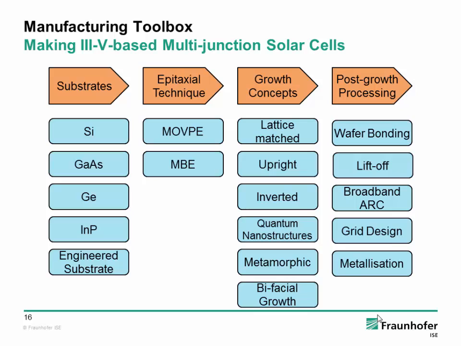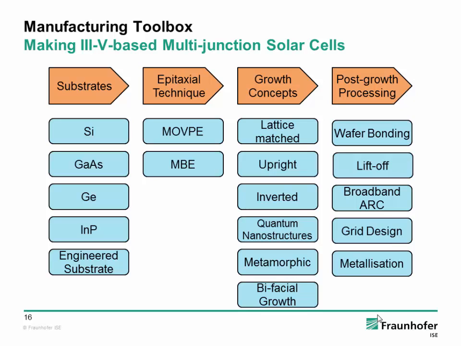That brought us to the idea to show here what we now call a manufacturing toolbox for making III-V high efficiency multi-junction solar cells. If you follow these lines, you need a substrate to grow your material, you need a technique to grow your material, then you have different growth concepts, and at the end, after you have grown your epitaxial layer, you have to process your solar cells.